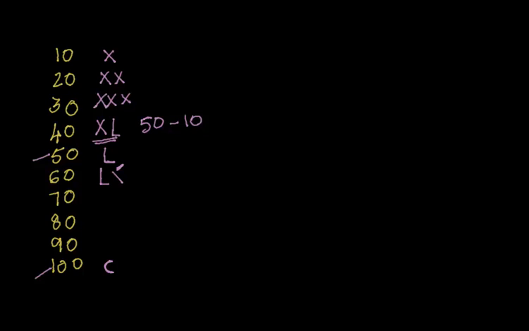So we can write 60 by adding 10 to 50. So we write L and then write X to the right of it to indicate that we are adding 10 to 50. And exactly similarly, we can write 70 as 50 plus 20.